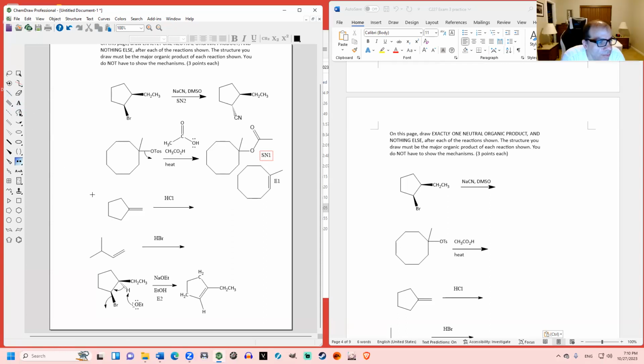So for this one, we're adding HCl across an alkene. That should be a very familiar reaction. Markovnikov's rule says the chlorine is going to be attached to the more substituted carbon and the hydrogen to the less substituted carbon, because you're going to get the most stable possible carbocation.